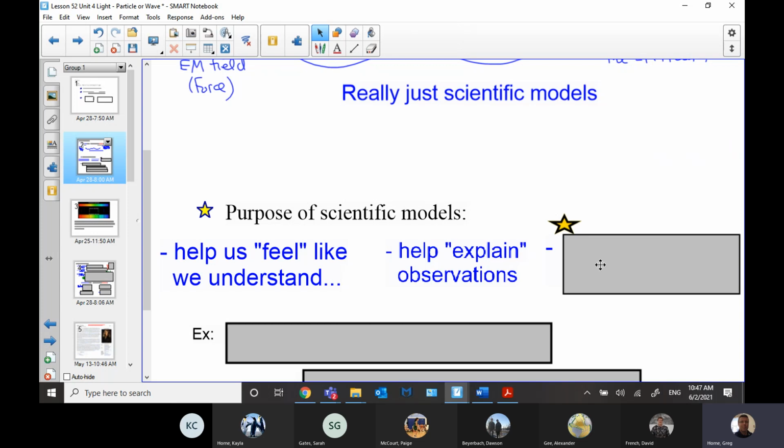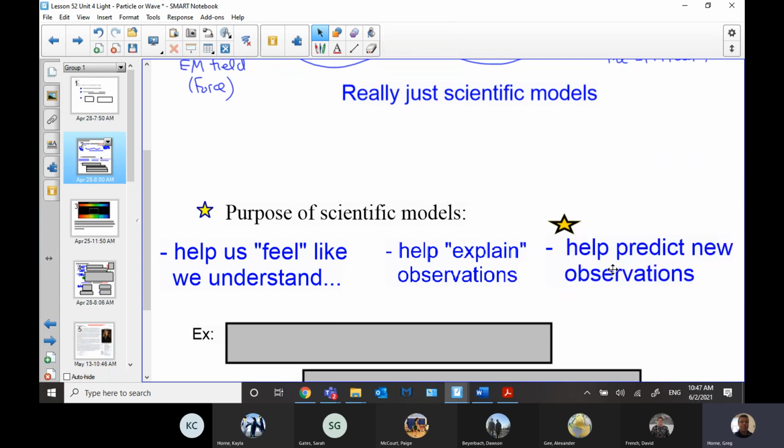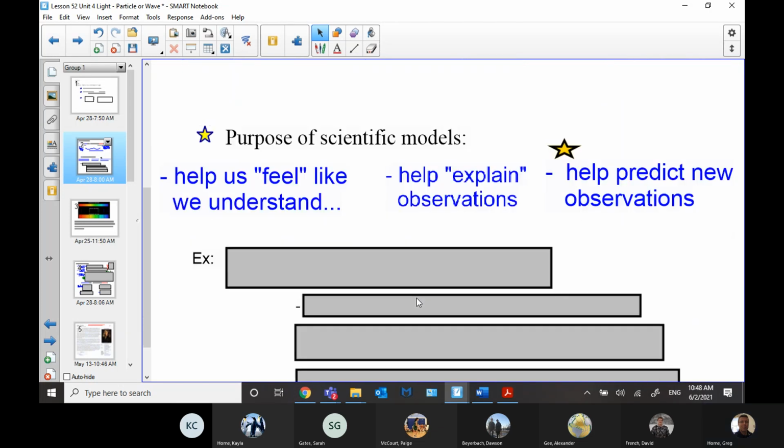We can explain it based on our model. Explains is in quotes there too, because it's again not necessarily exactly what's going on. The big one, though, is being able to make predictions. That's where models really shine: you can predict new things, and if they turn out to be true, it becomes evidence that your model is true.